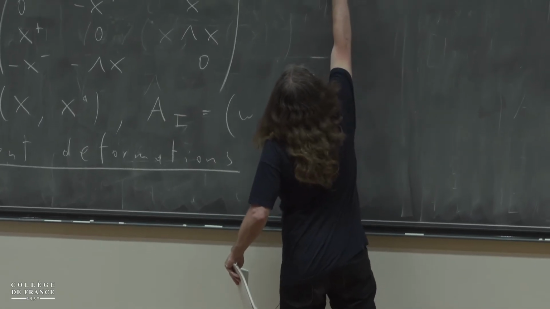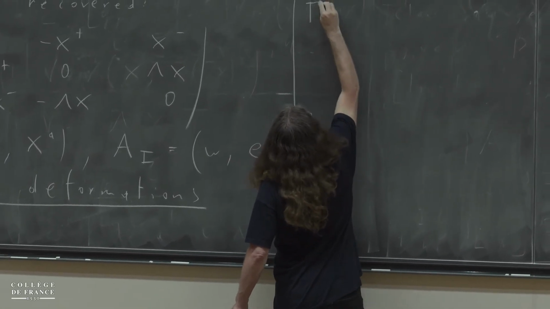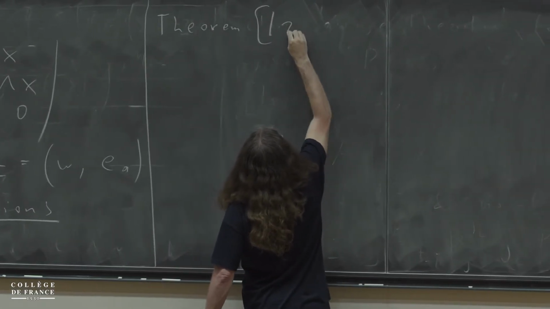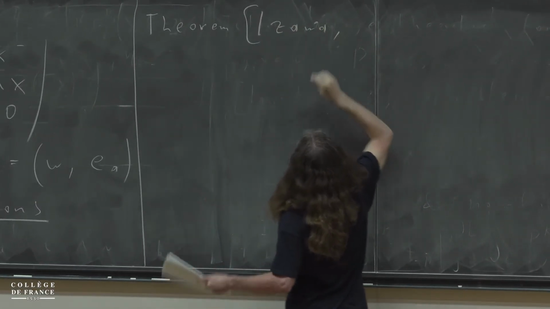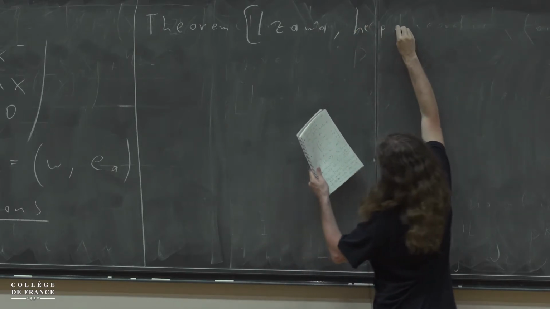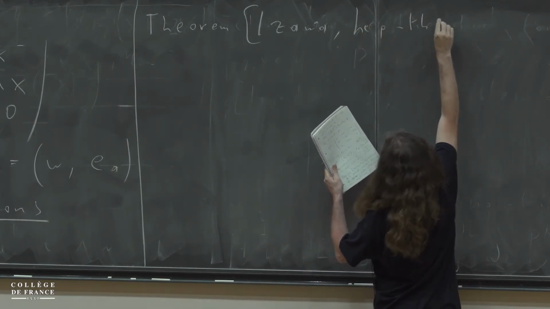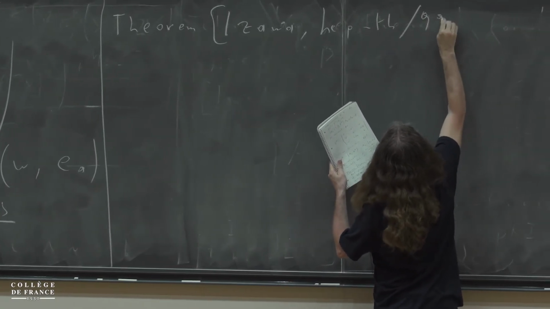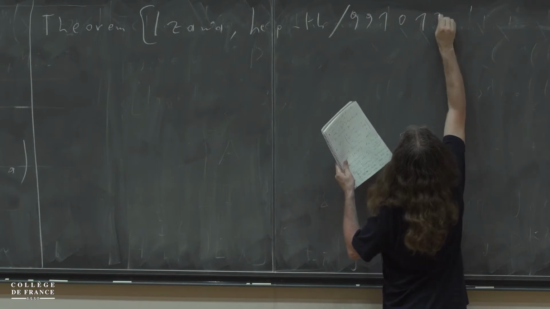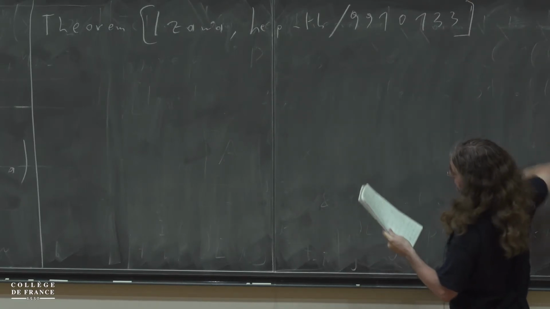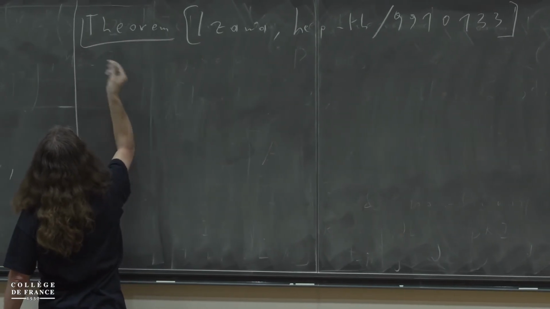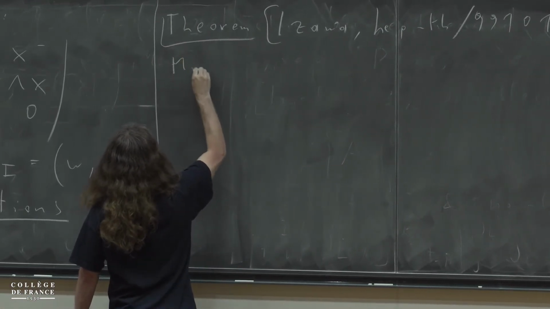So let me state the theorem. This is due to Izawa. And actually, the proof is not very long, so I was tempted to show it, but I think it takes too much time, and I'll not do it. So, yeah, well, I said it in words, but okay, I'll write it down briefly.